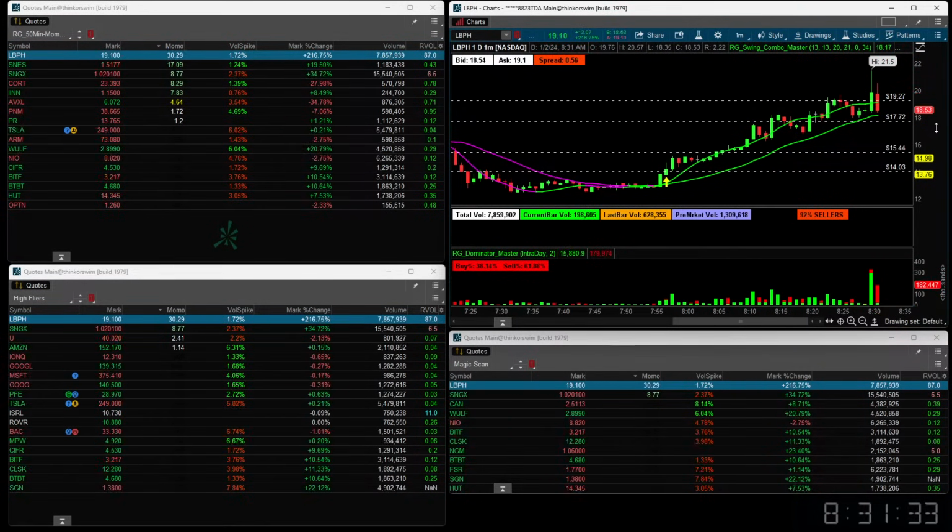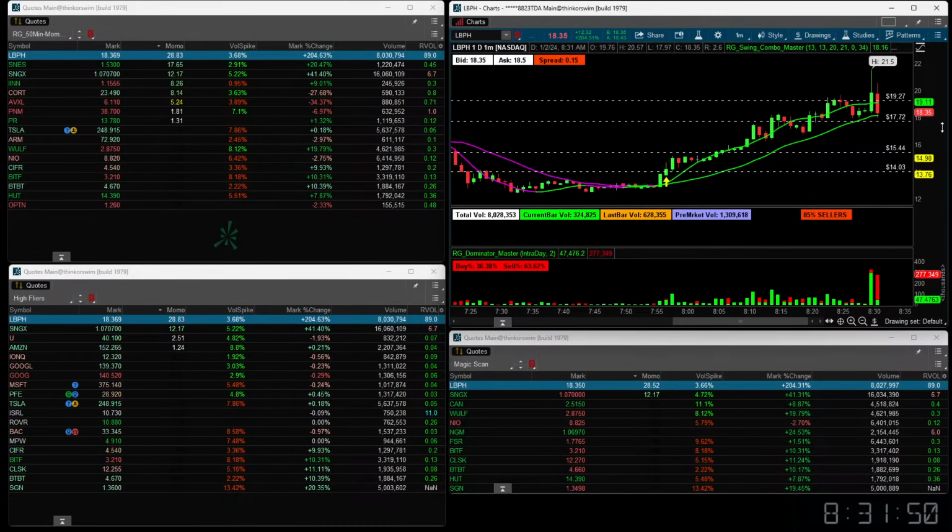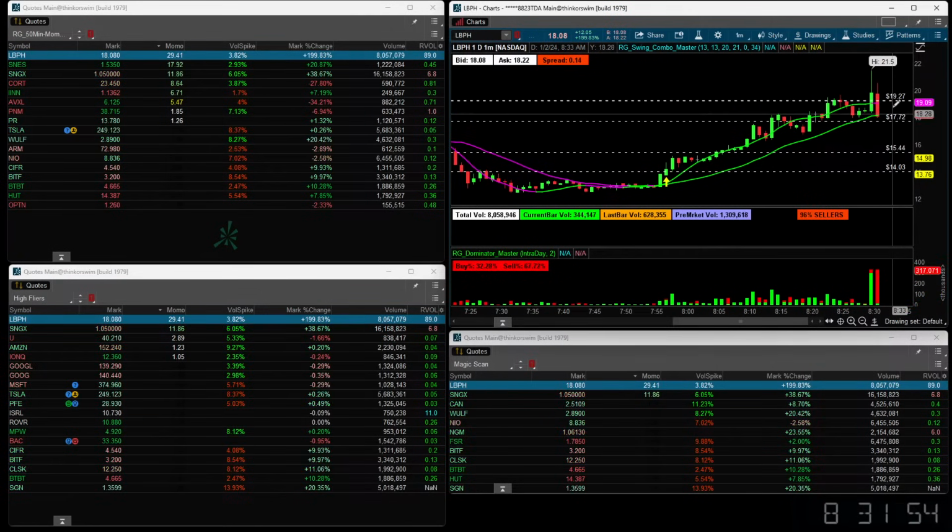That's why I don't chase them right there. It's going to come down, maybe retest 1772. The play could be between these two levels.